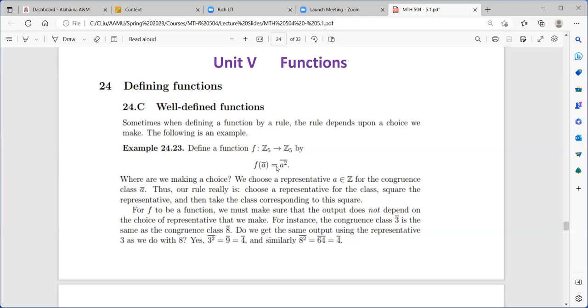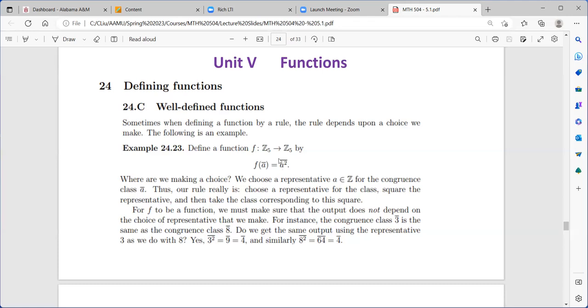So what does it mean? For example, if we choose different integers from the same class, then obviously when you take the square of the number, you'll get different numbers for the two squares.